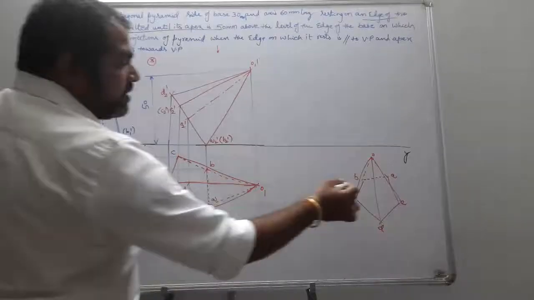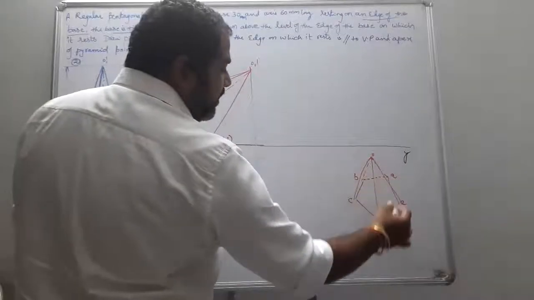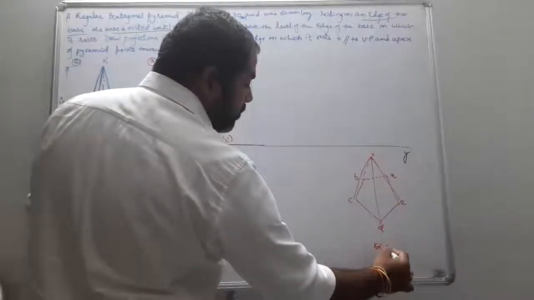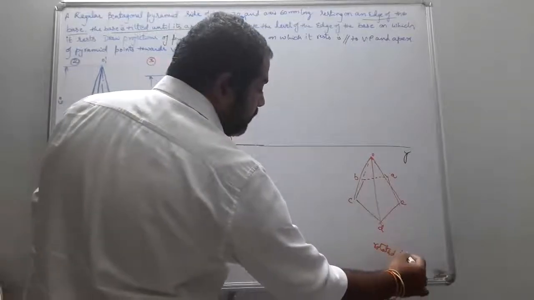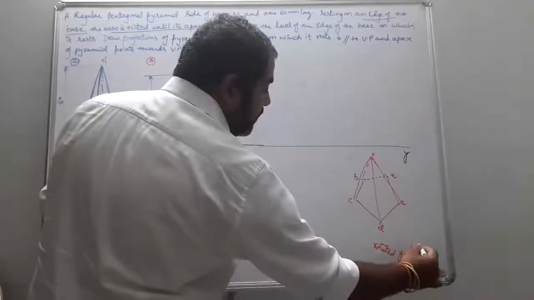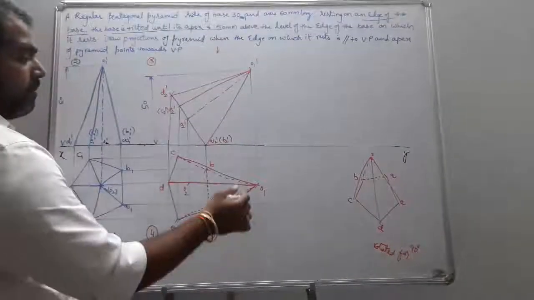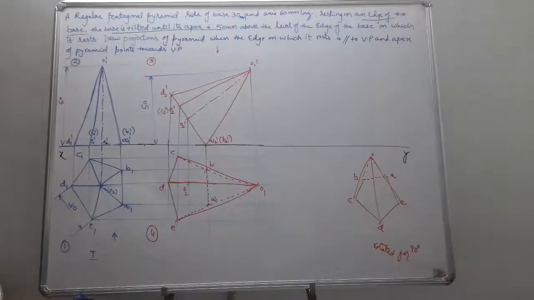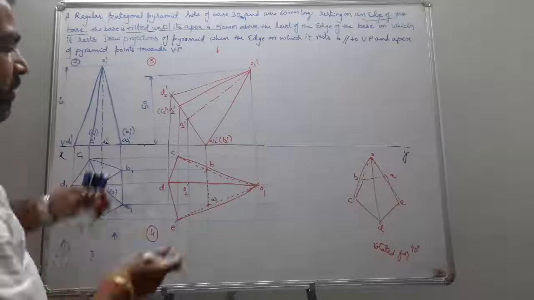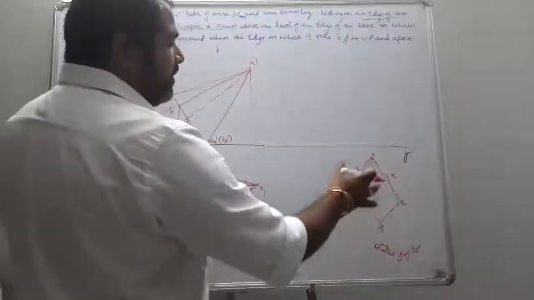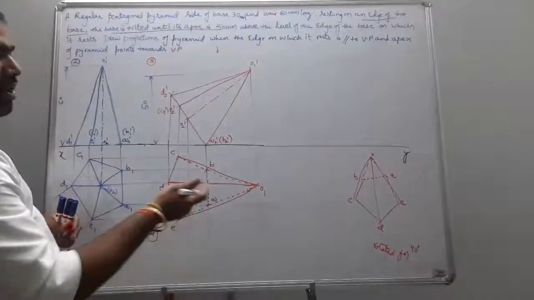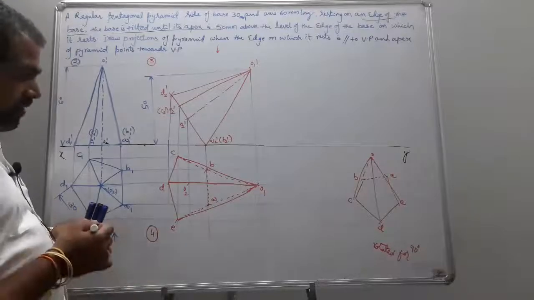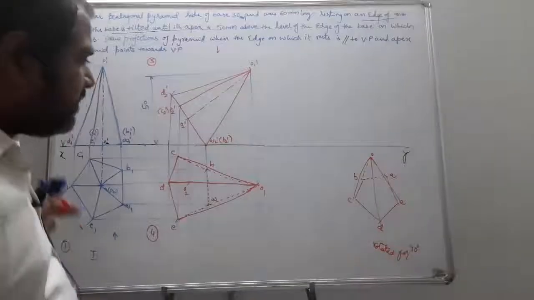That means it is rotated by 90 degrees. Then BA should become horizontal. If not, I just go for the auxiliary method. Apart from reconstructing the total figure here, I go for the auxiliary method. So if I go for the auxiliary method, let us see.